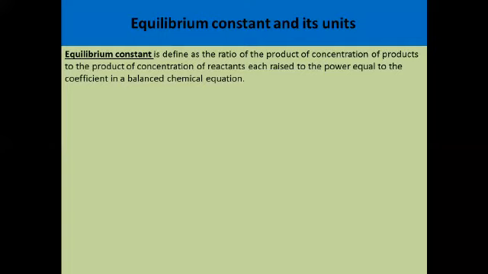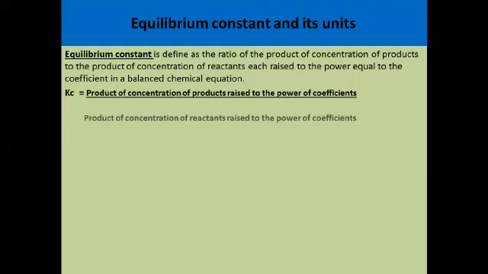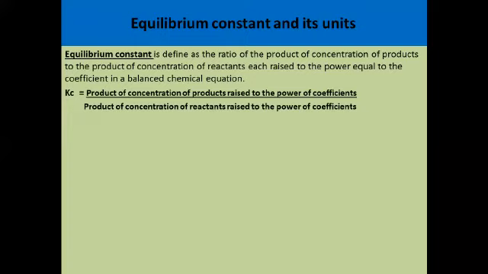Although I told you in detail about the equilibrium constant, here I'm again telling you about Kc. We can write it in this form as well: Kc is equal to the product of concentrations of products raised to the power of coefficients, over the product of concentrations of reactants raised to the power of coefficients.